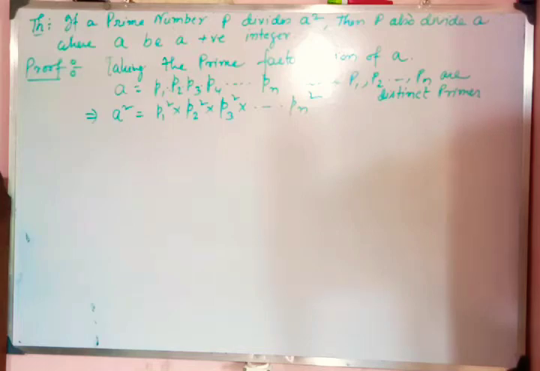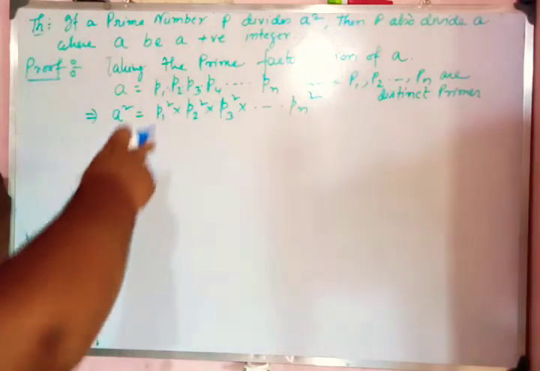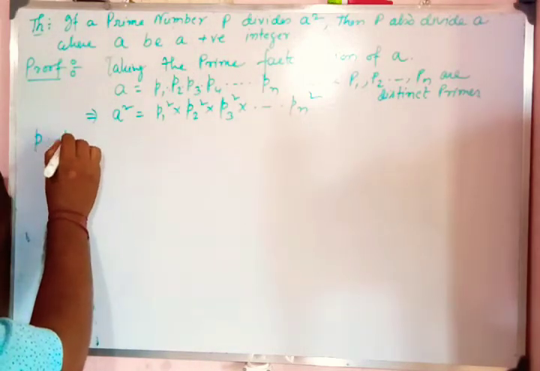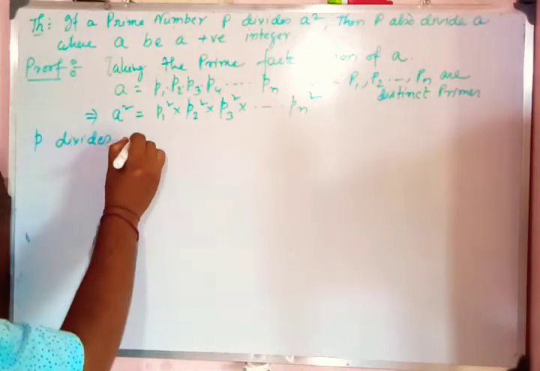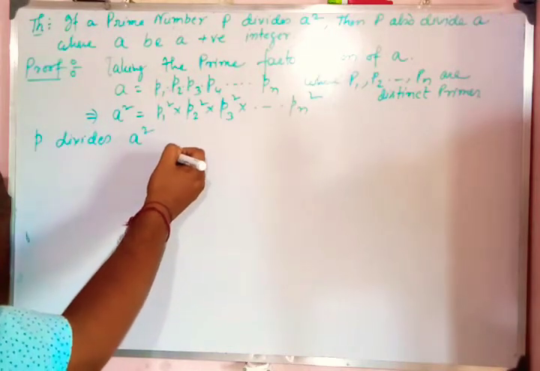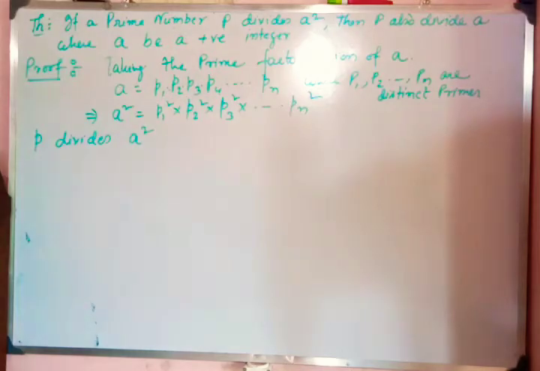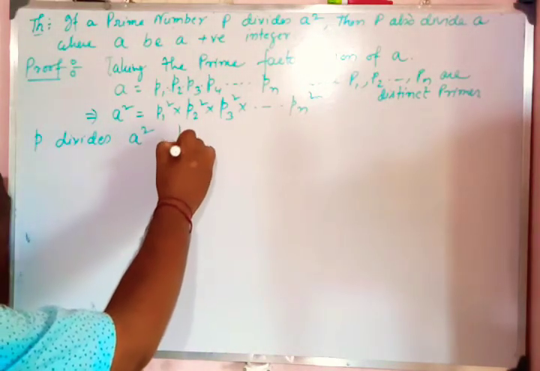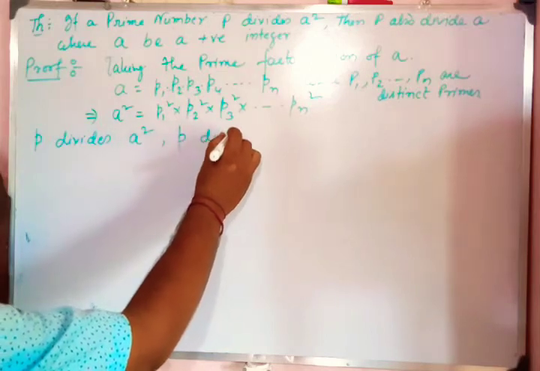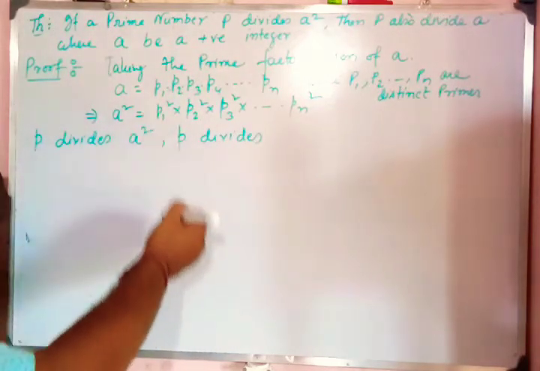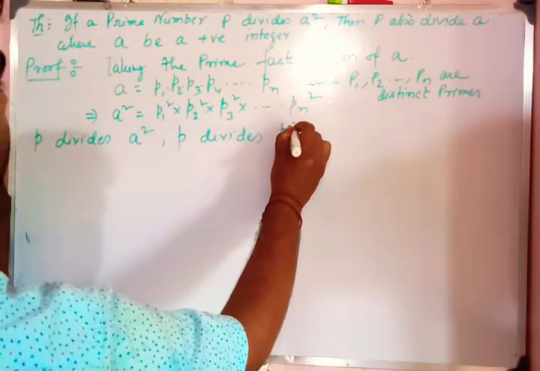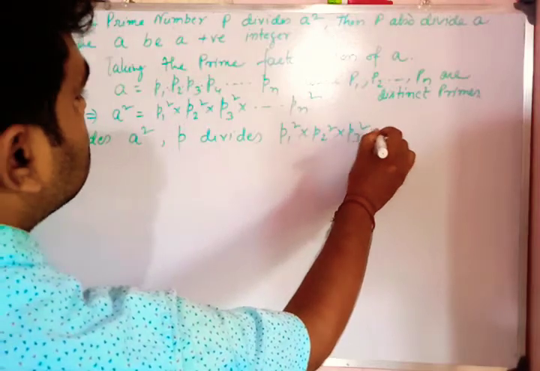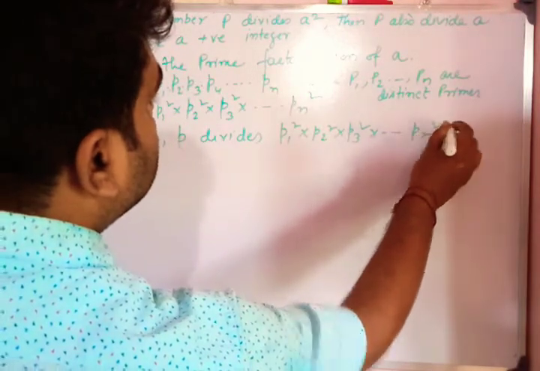Now p divides a square, it is given. So that means p divides p1 square, p2 square also.